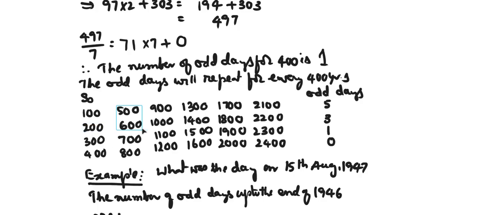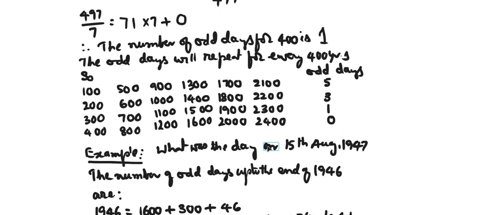For 200, 600, 1000, 1400, 1800, 2200 years, odd days are 3. For 300, 700, 1100, 1500, 1900, 2300 years, odd days are 1. And for 400, 800, 1200, 1600, 2000, 2400 years, odd days are 0.